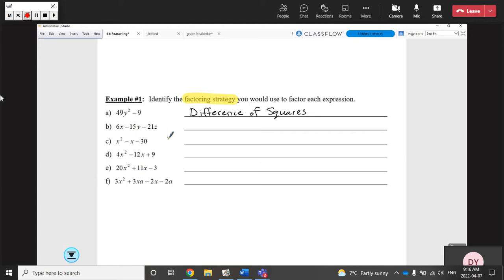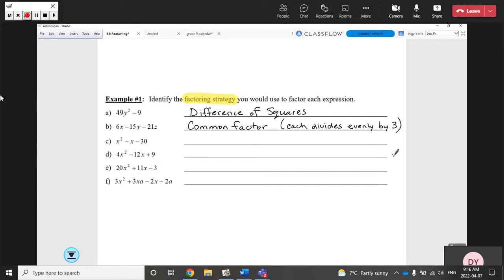Well, maybe we could just use a common factor, right? Each term is divisible by 3. We'll say each divides evenly by 3.